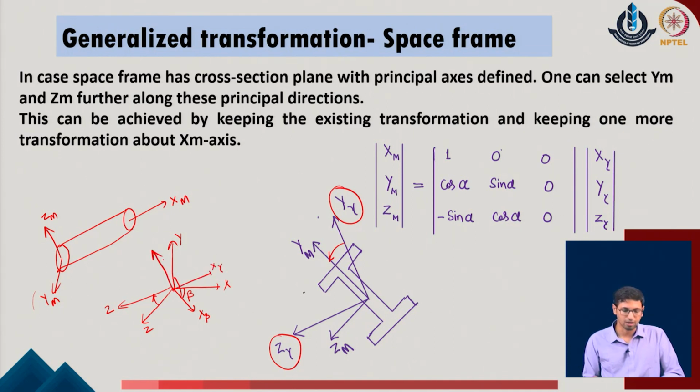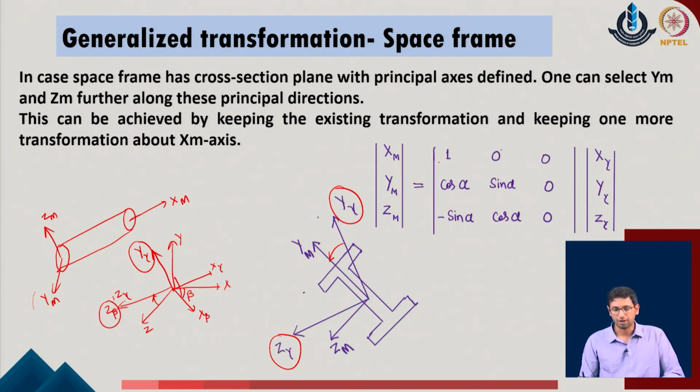So, we call it x gamma and this we call y gamma in the system, and we keep this rotation about the axis z of the system, which is z beta of course. Finally, we realize that y of gamma and z of gamma, because z of beta and z gamma both will coincide with each other, if they both do not align in the direction of the principal axis of the system, we also need to make one more rotation, and that rotation will be about the axis x.